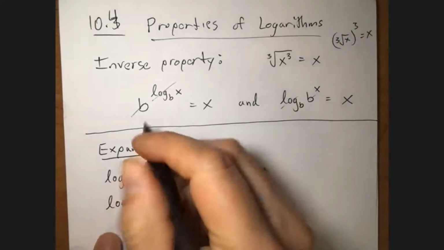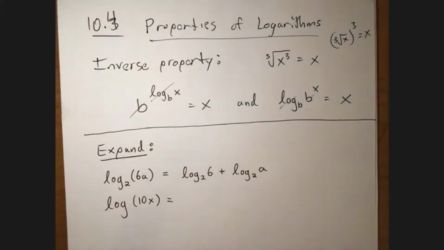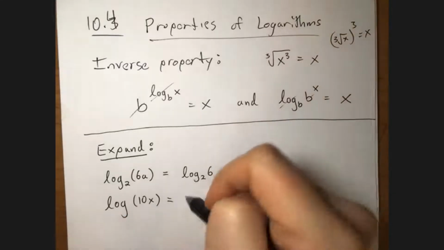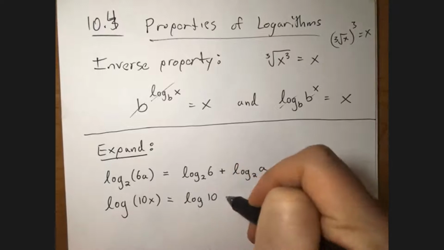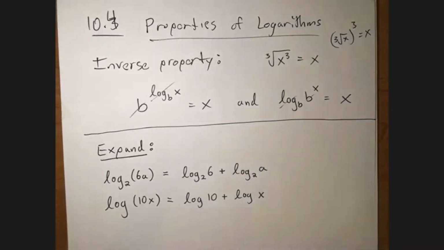Log of 10x. What would I do here? Well, again, it's a product, 10 times x. So I'll write this as log 10 plus log x. Now this one, I can do a little bit more. I can go one more step, right?